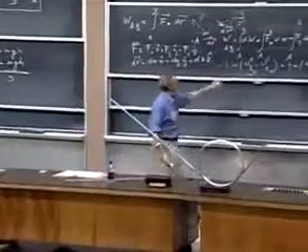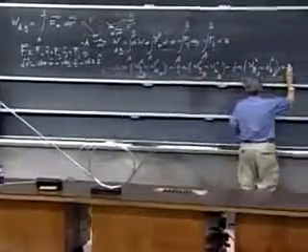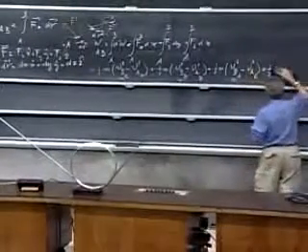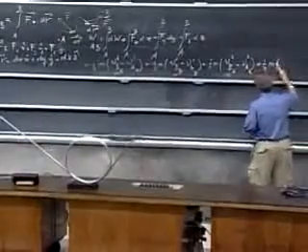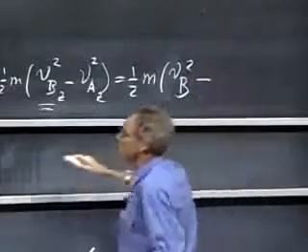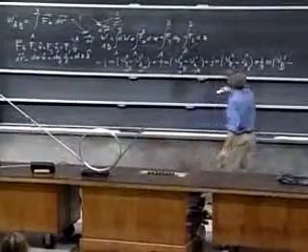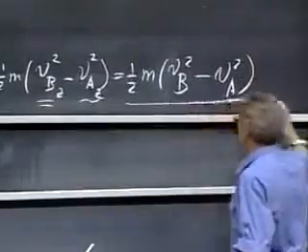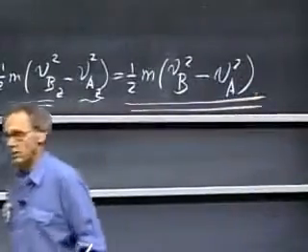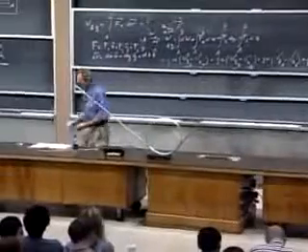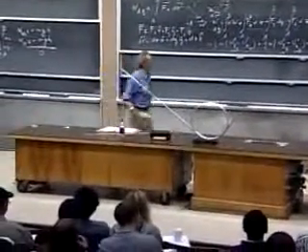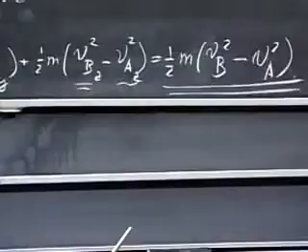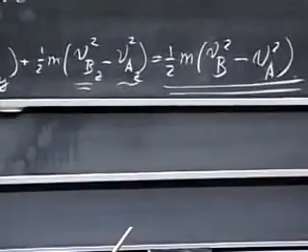So if you add up these three terms, you get 1/2 m times vb squared, oh, I lost my m, let me put my m in there, and here you see va x squared, va y squared, va z squared, minus va squared, and you get exactly the same result that you had before, namely that the work done is the difference in kinetic energy. You can always think of these as speeds. Velocity squared is the speed. It's the magnitude squared of the velocity.